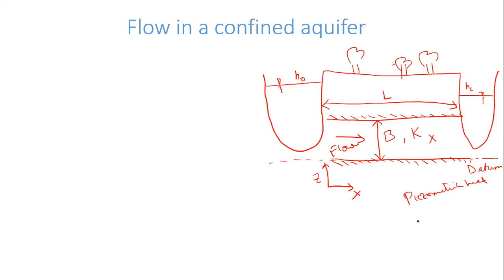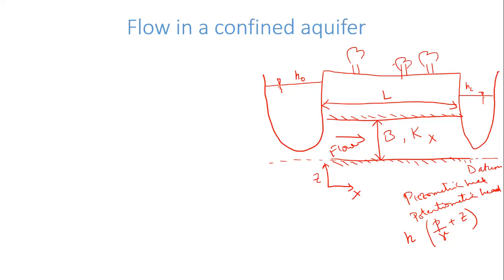It's sometimes also called potentiometric head. This is basically P by gamma plus Z, but we don't worry about that, we just call it H. Sometimes we even ignore piezometric or potentiometric and just say head, with the understanding that it is the total head at any given point in the aquifer.